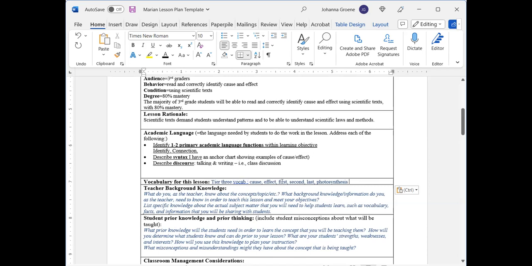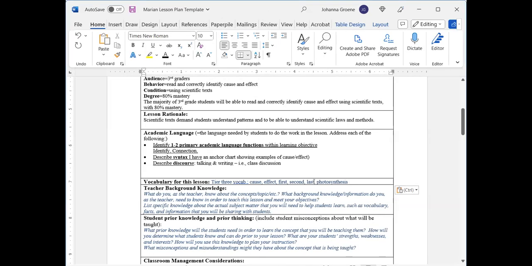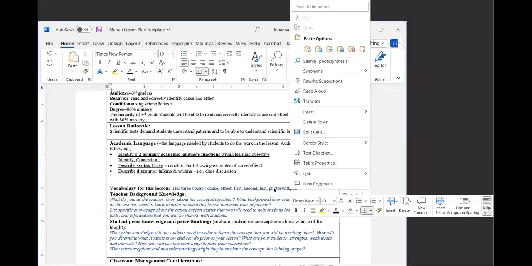Cause, effect, and ordinal words: first, second, last. And then I know that in 3rd grade, life science is a part of it where they talk about the plant and the seed. So we're going to maybe just review photosynthesis. So it'd be an excellent opportunity to bring in your science curriculum during the English language arts block.